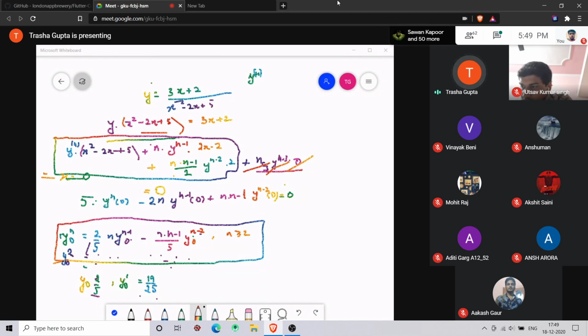This Leibniz rule is very important and is useful in calculating the higher order derivatives.